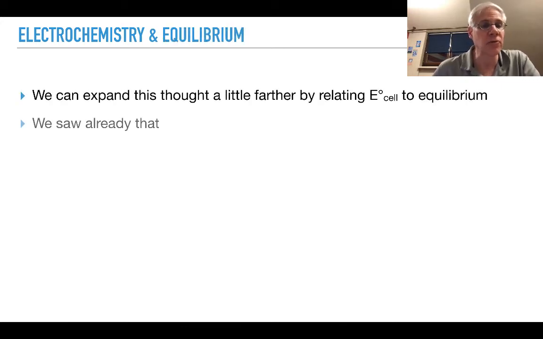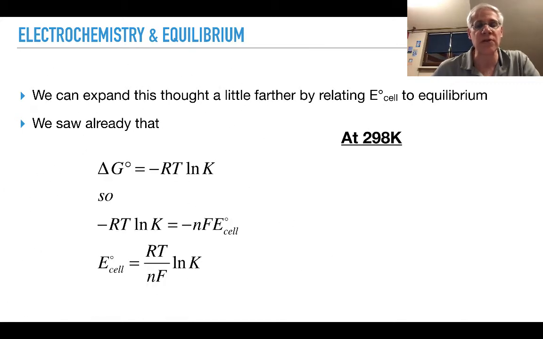I mentioned also that electrochemistry is linked with equilibrium. So we can expand our idea a little bit farther of this link by looking at the relationship between E0 cell and equilibrium. So we saw earlier in our thermodynamics chapter that delta G0 is equal to minus RT natural log of K. And we know that delta G0 is equal to negative NF E0 cell.